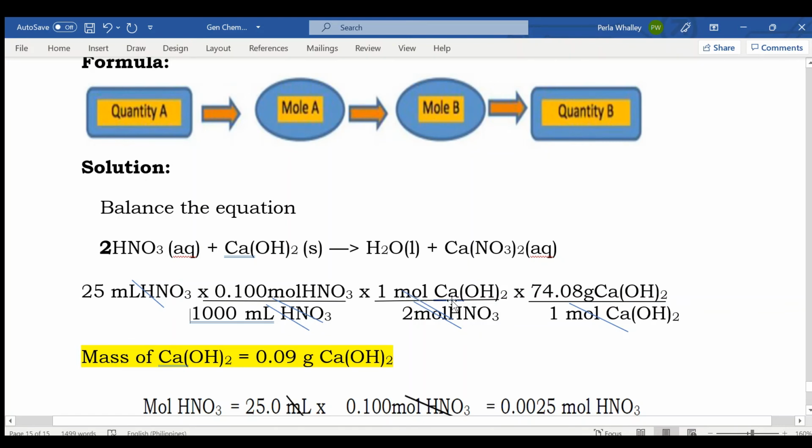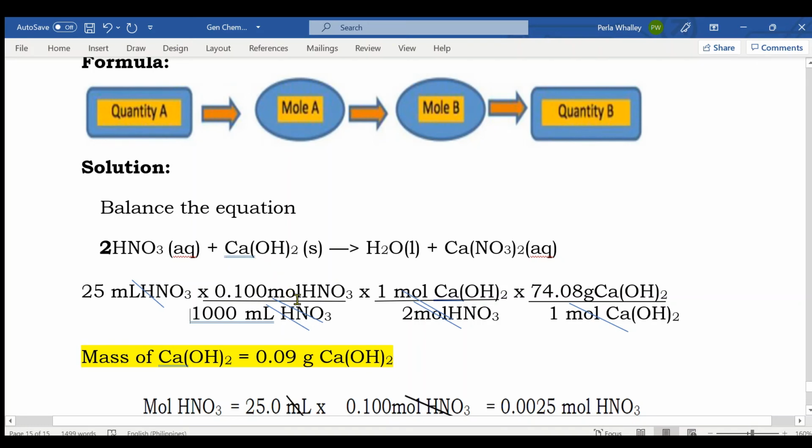Where did we get this mole of calcium hydroxide? 2 moles of HNO3. Here, 2 moles of nitric acid will react with 1 mole of calcium hydroxide.